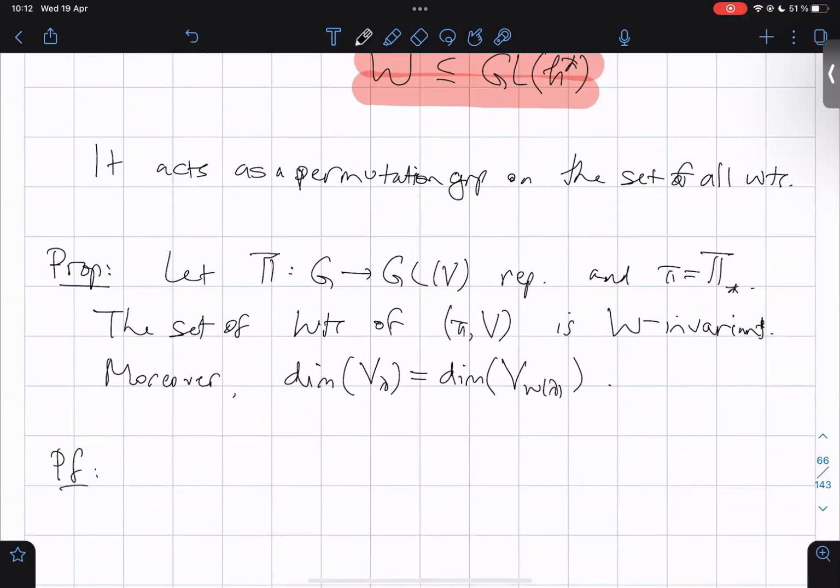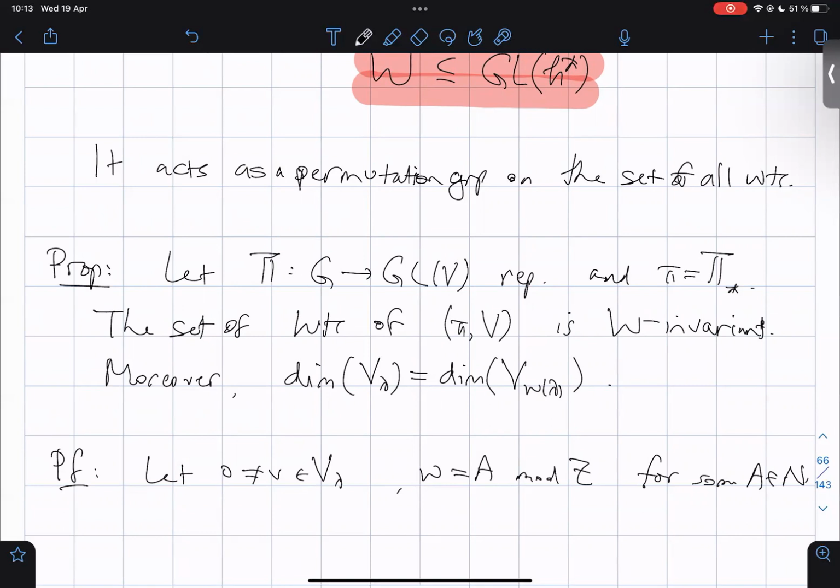This is a short proof. Let's have a look at it. Let's take a non-zero element V in a weight space, and then let's take a W. So V is starting in this initial weight space.